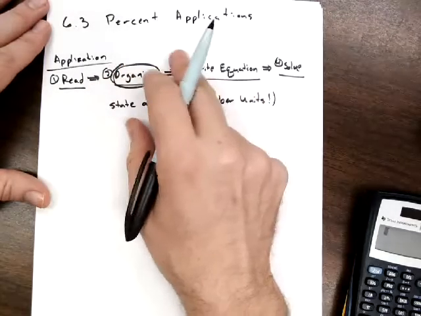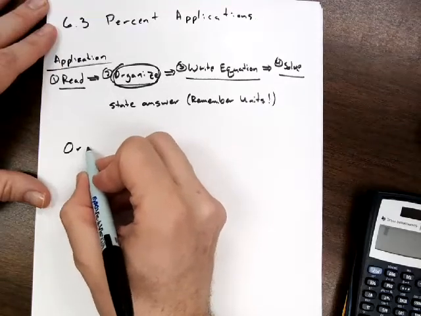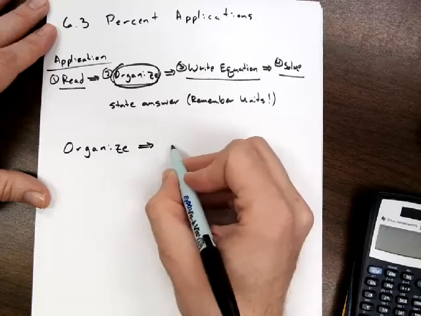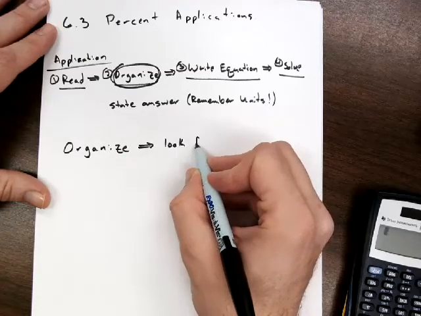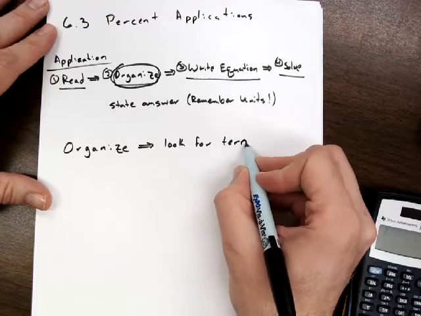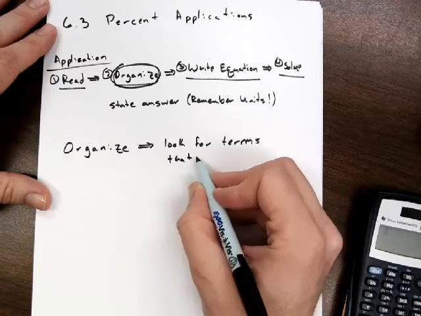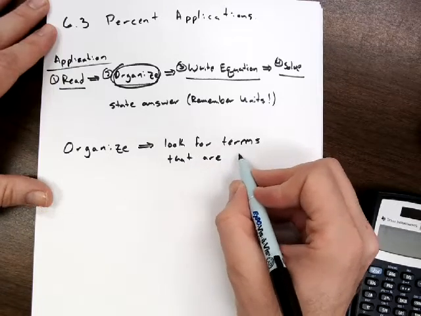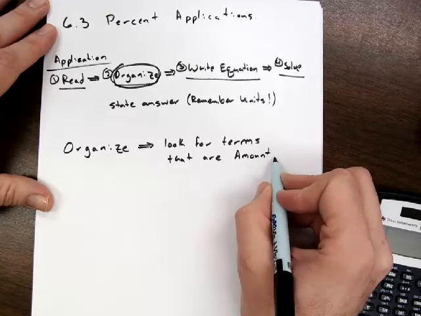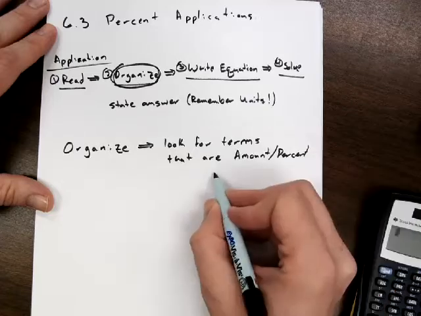When we're dealing with percentages, when we organize, we're going to look for our terms that tell us that we have our amount, our percent, or the base.